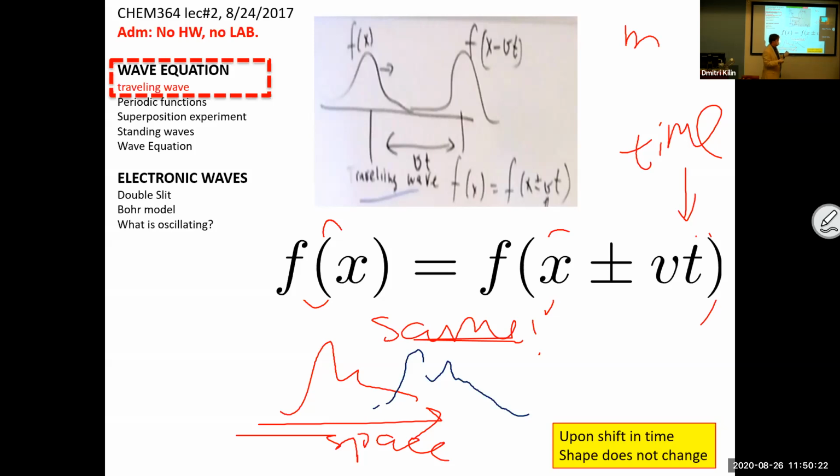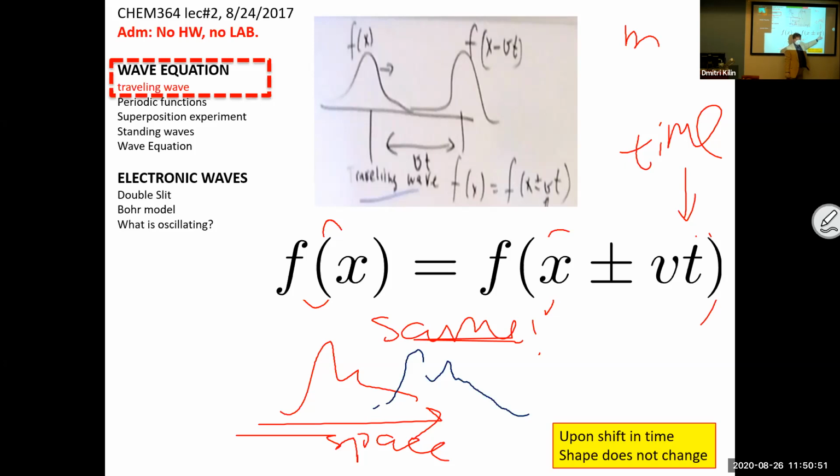And it will be a wave in nature if the function will be the same in functional form upon we shift the origin by a certain value, right?